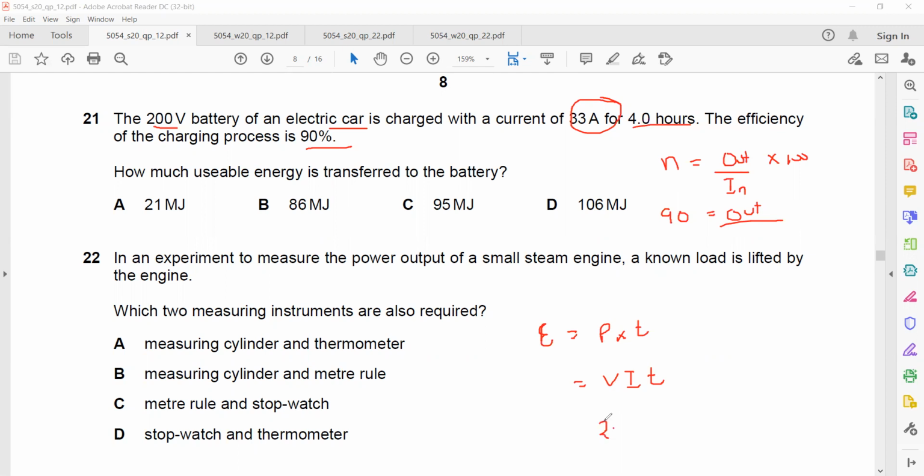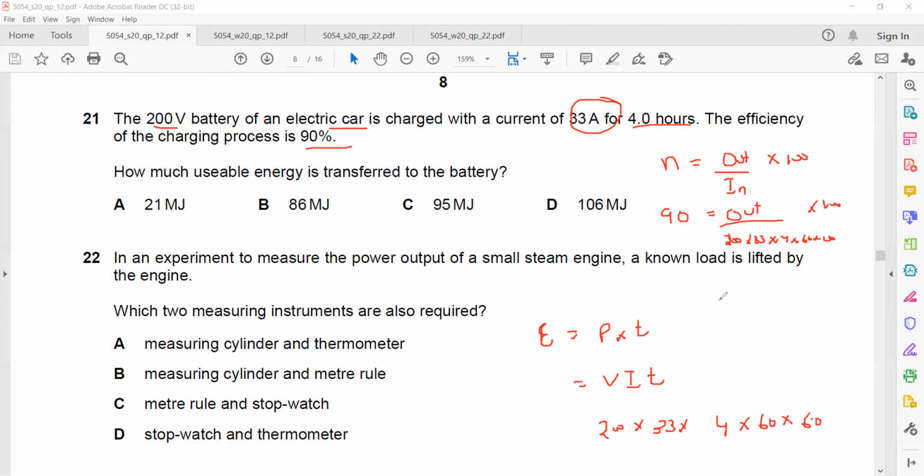Voltage is 200, current is 33, and time is 4 hours, so multiply by 60 to convert into minutes and then by 60 to convert into seconds. So this will be 200 times 33 times 4 times 60 times 60.